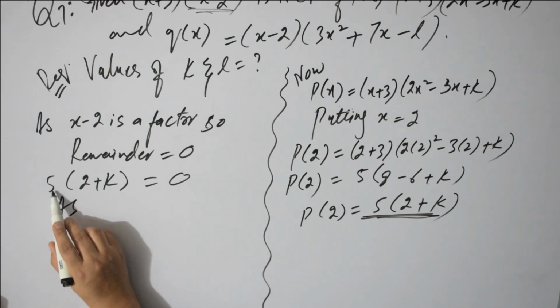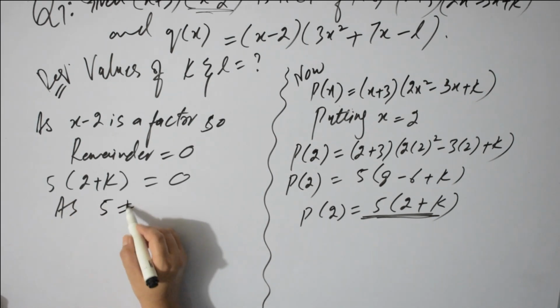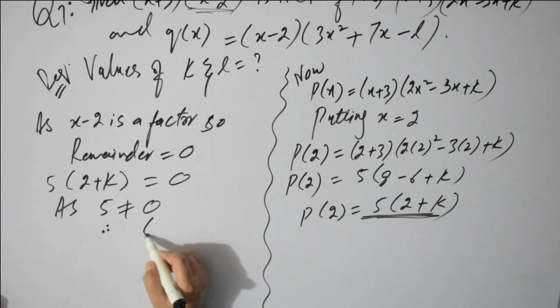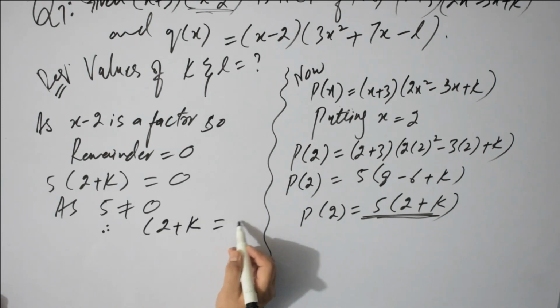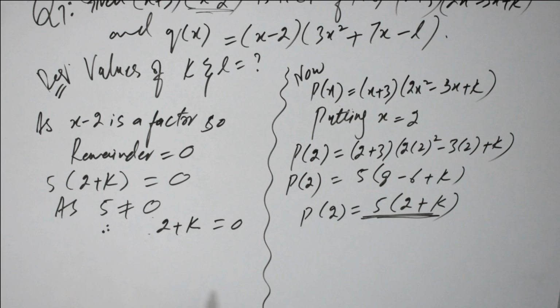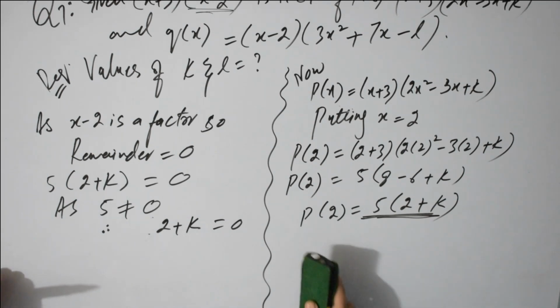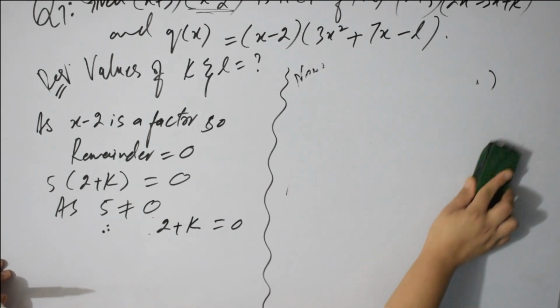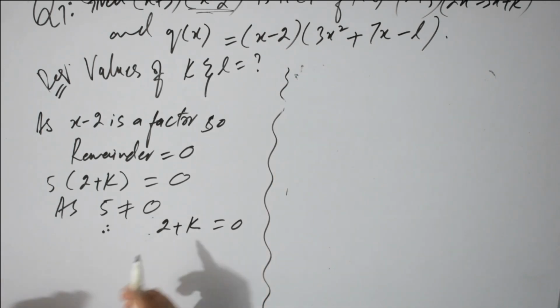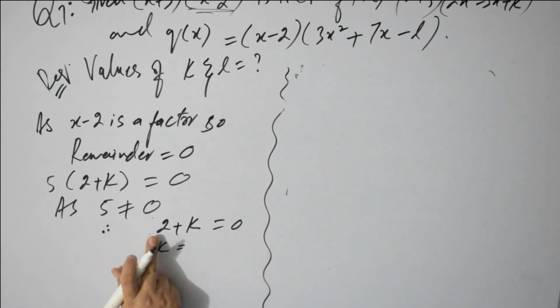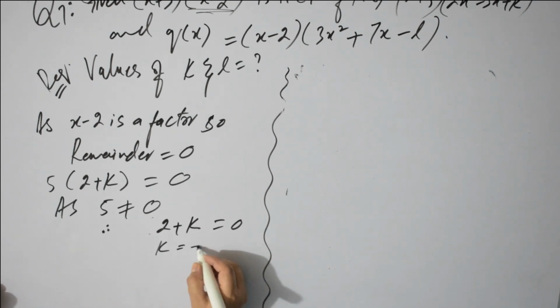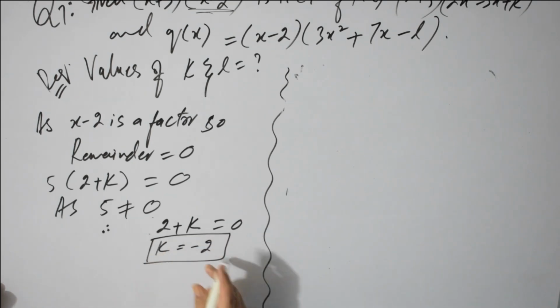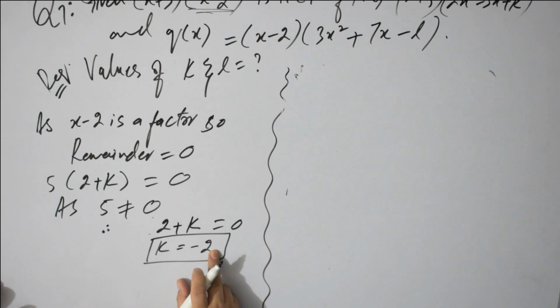As you know, 5 is a constant, it is not equal to 0. Therefore 2 plus k is equal to 0, and from here you get the value of k. Shift this positive 2 to the other side, it becomes minus 2. From your first polynomial you get k is equal to minus 2.